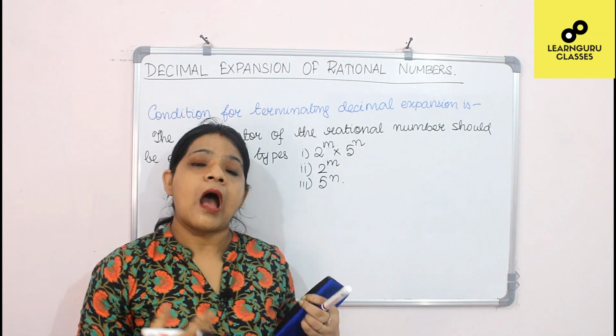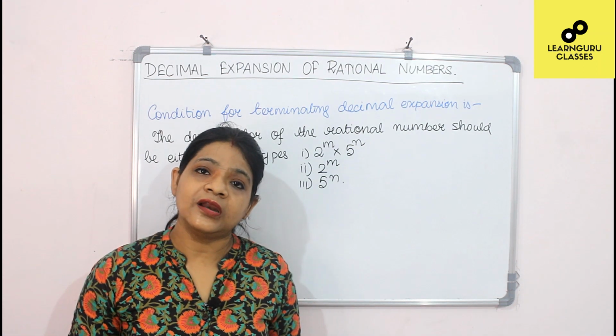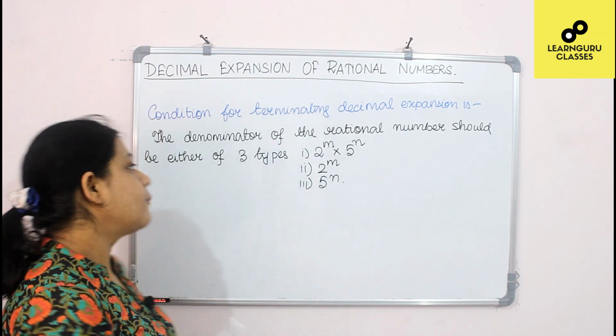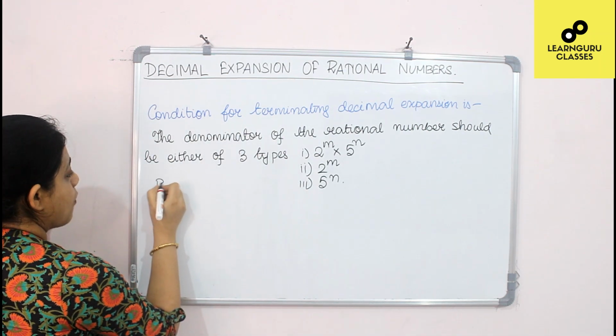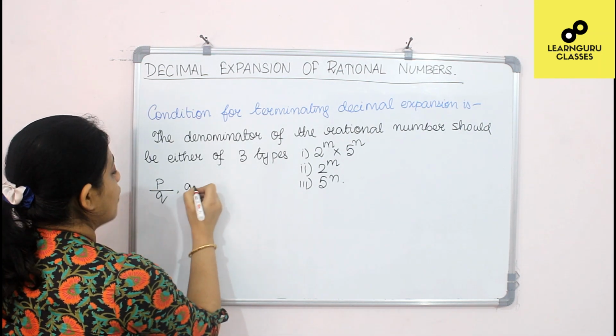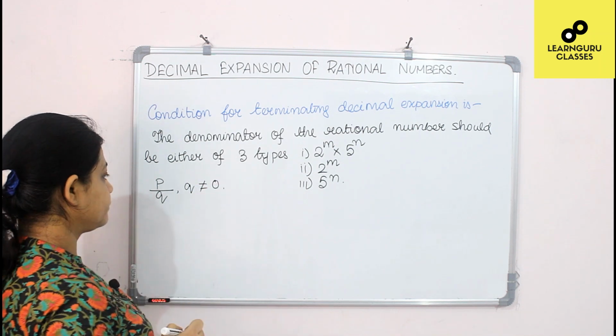So how do we obtain a decimal expansion? With the help of a rational number, isn't it? Suppose a rational number in the form of p by q is given to you, where q is not equal to 0.